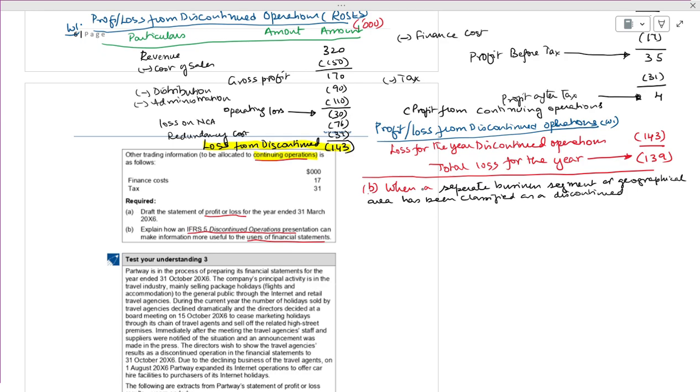Discontinued operations, this is the first one. Now I will change the color also. What does IFRS 5 say? They want to show a separate presentation.